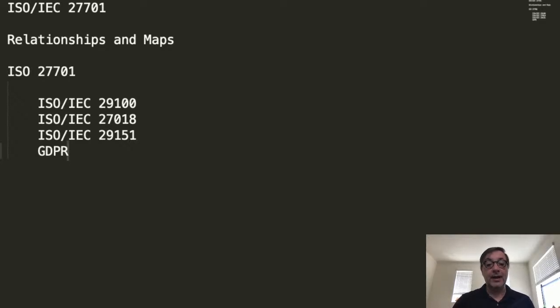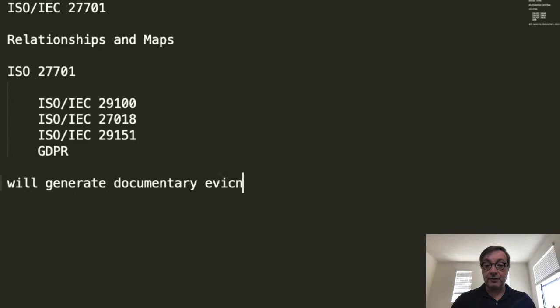An organization complying with the requirements in the 27701 will generate documentary evidence on how it handles the processing of PII.